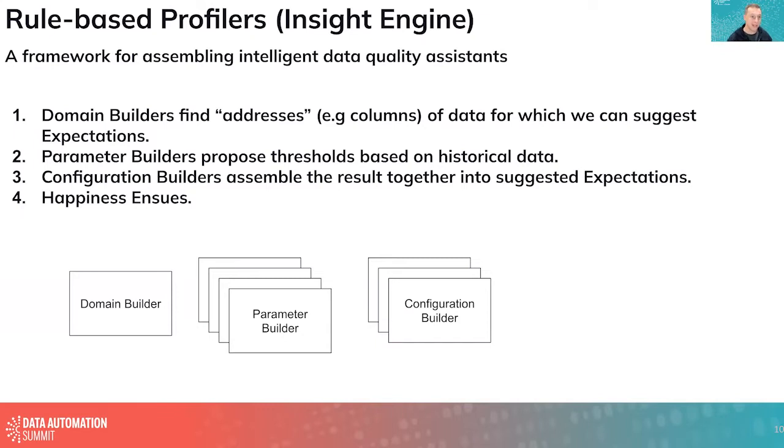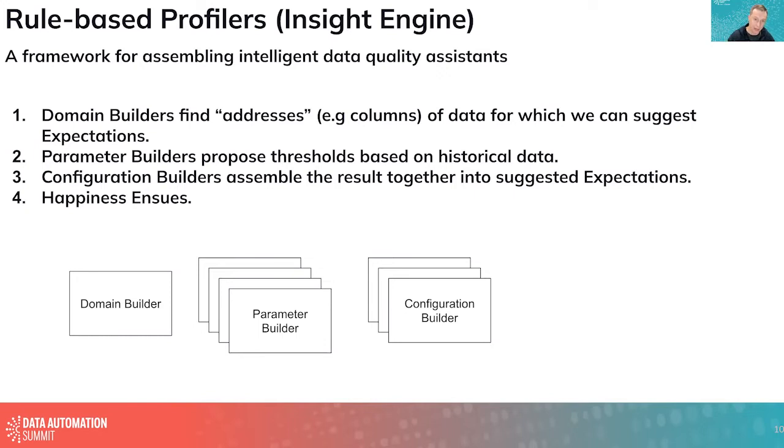Now, again, what we're doing here is creating a framework for assembling other systems. So there are 3 big key components to it. The first is the domain builder, which finds addresses, like columns of data that we can suggest expectations about.